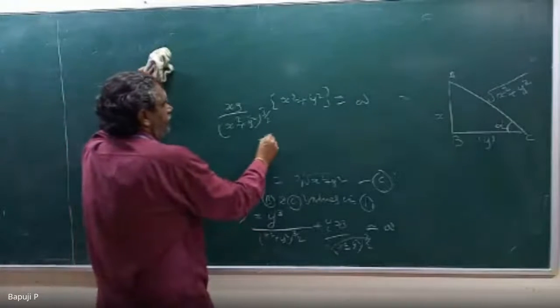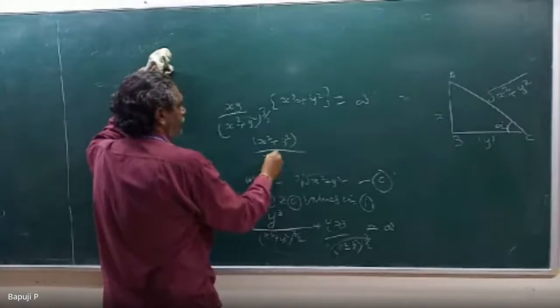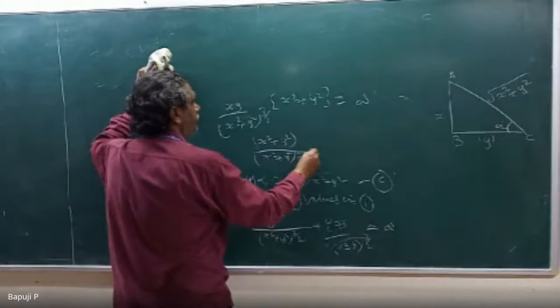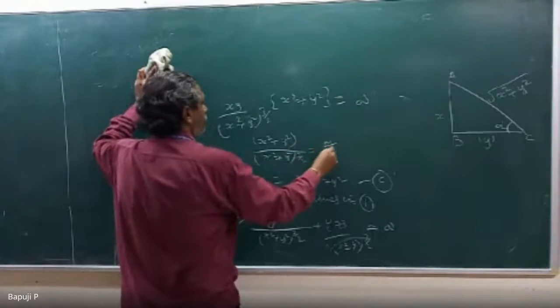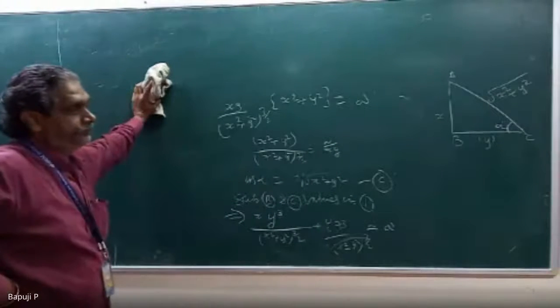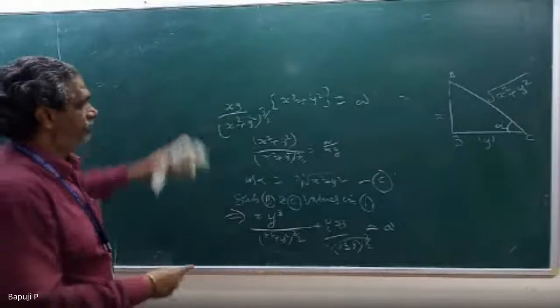Yes, one x by y also can take x. Okay, now what do you get? 1 by square root of x square plus y square, to the power 3 by 2 minus 1.